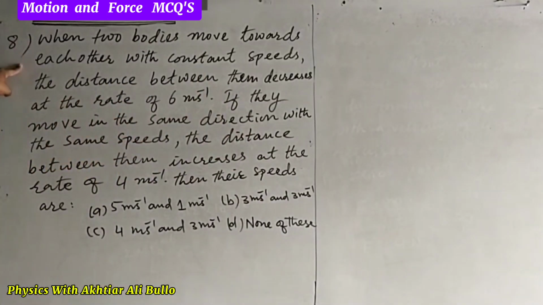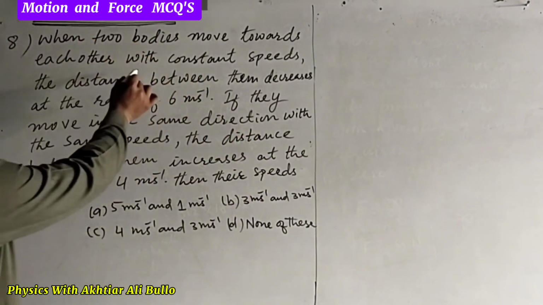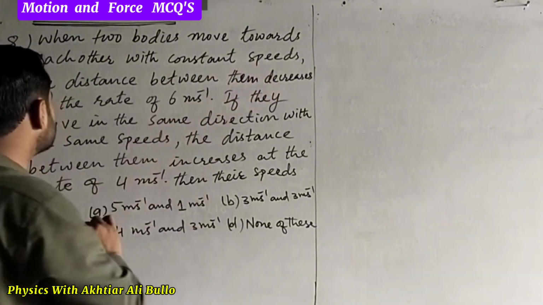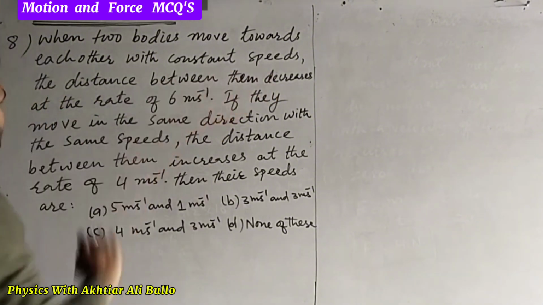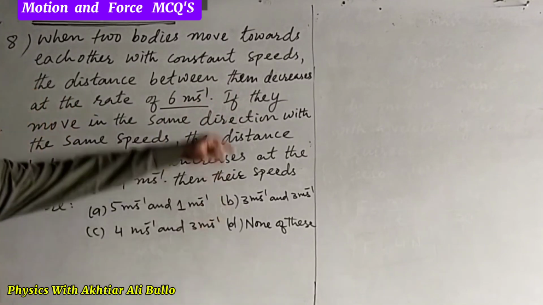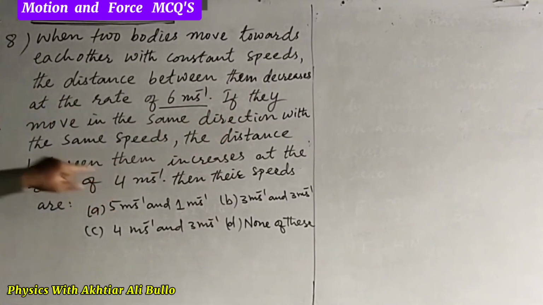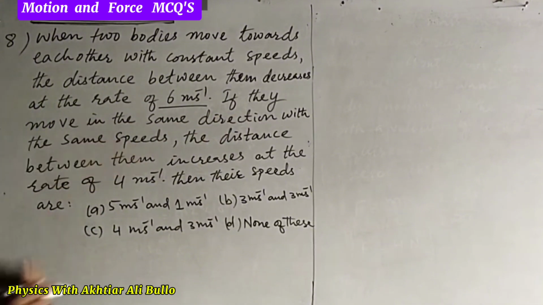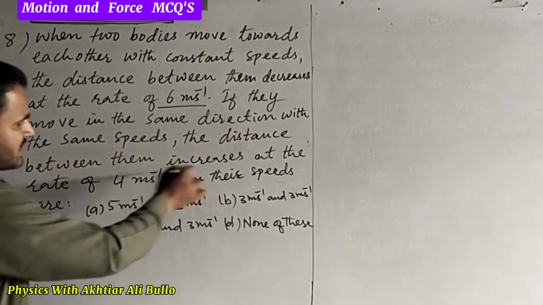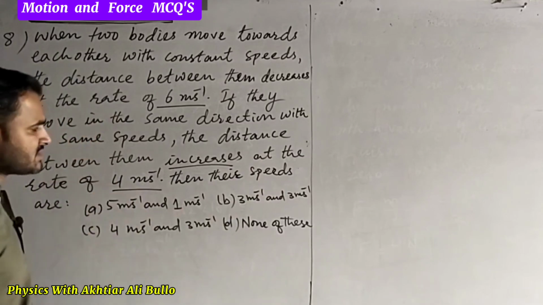The MCQ number 8 is, when two bodies move towards each other with constant speeds, the distance between them decreases at the rate of 6 meter per second. If they move in the same direction with the same speeds, the distance between them increases at the rate of 4 meter per second.